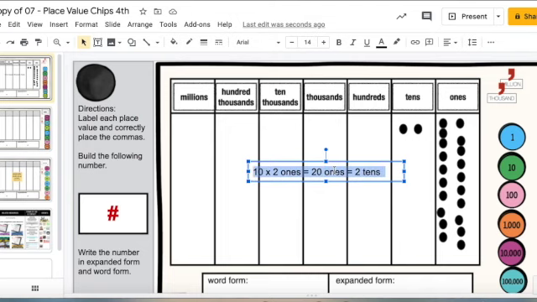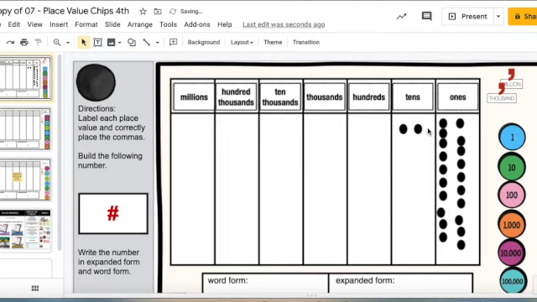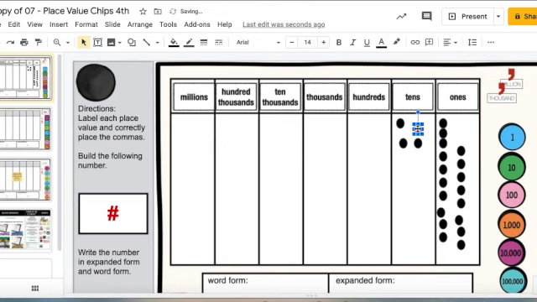So what I want to do now is expand on that, and I want to do 10 times as many as four 10s. So if I have 1, 2, 3, 4, and I want to do 10 times as many as four 10s, how many hundreds is that going to give me?